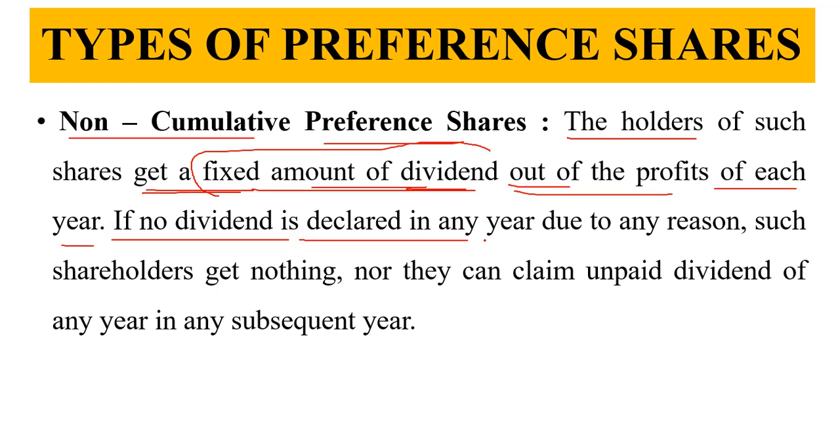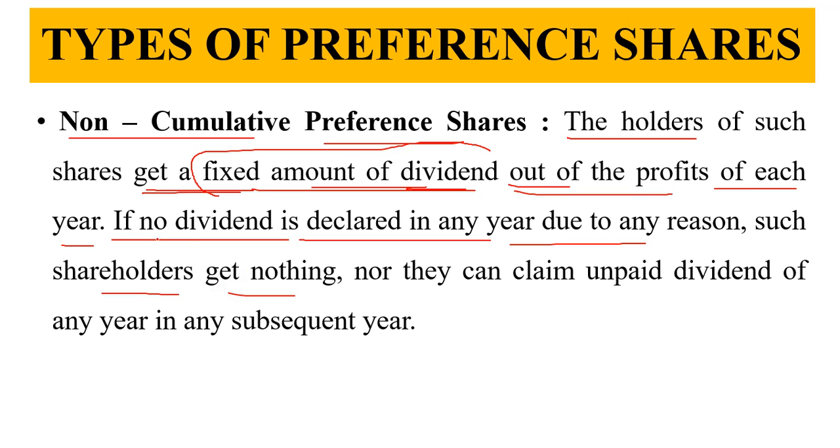dividend is declared in any year, now suppose the company does not declare any dividend in 2020, due to any reason, so in that case the non-cumulative preference shareholders do not get anything.